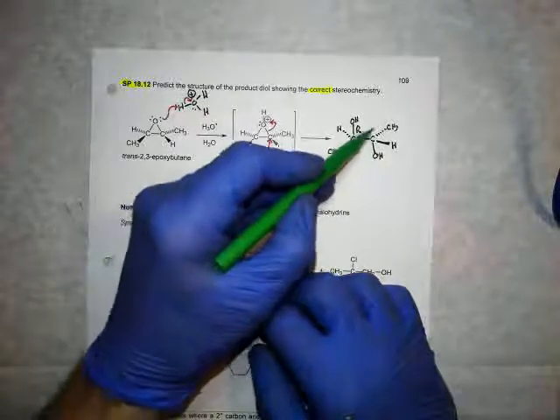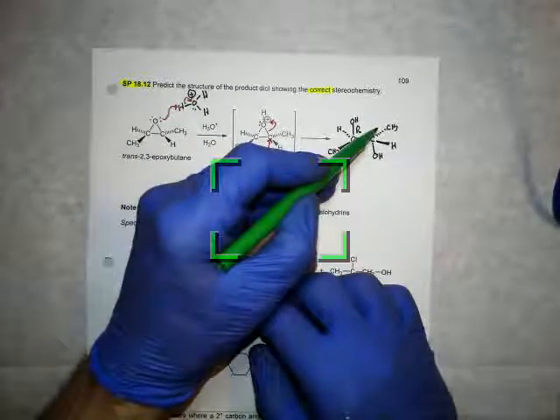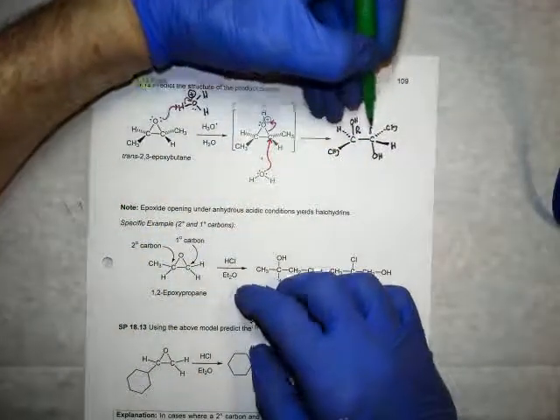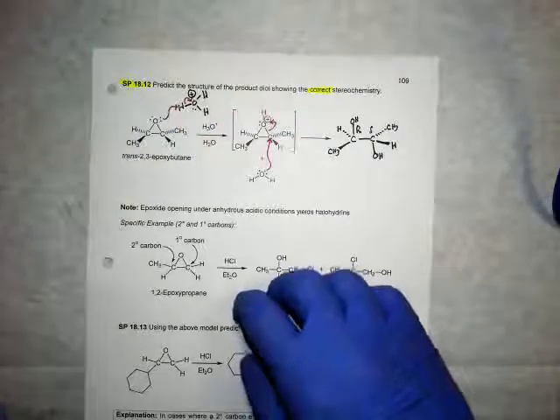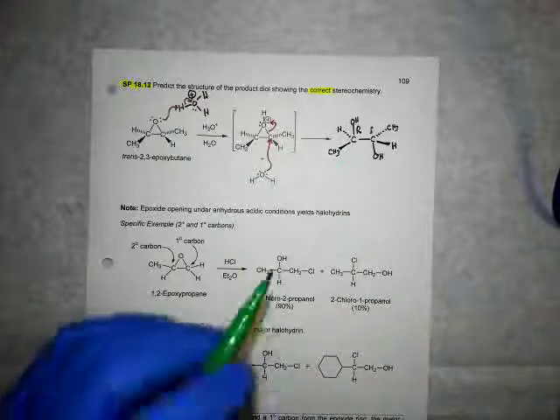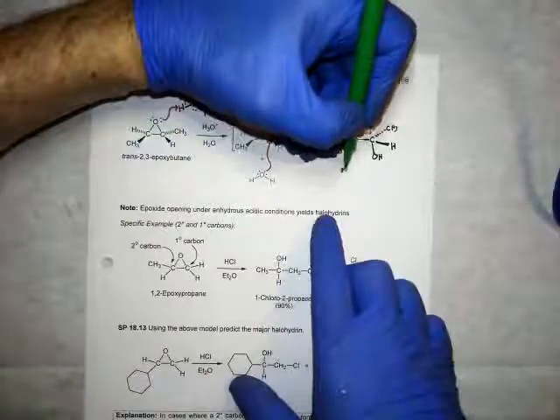This is number 2, and the methyl group is behind the plane. But because it's behind the plane, this is S. So what is this known as? When you get the R on one half and S on the other half, this is meso.